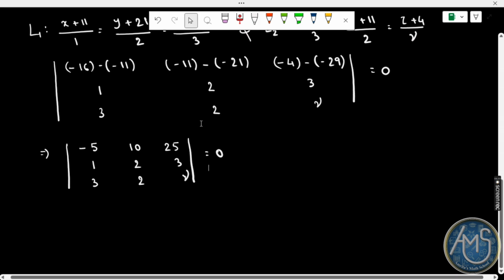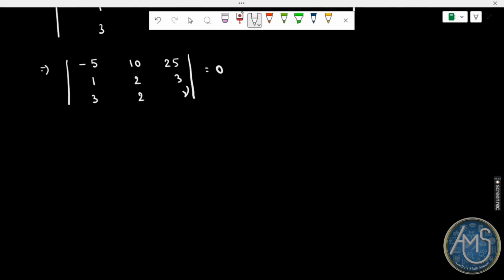I am finding the determinant using the first row. You can use any one. So we will get -5 into (2 gamma minus 6), minus 10 into (gamma minus 9), plus 25 into (2 minus 6) equals 0.